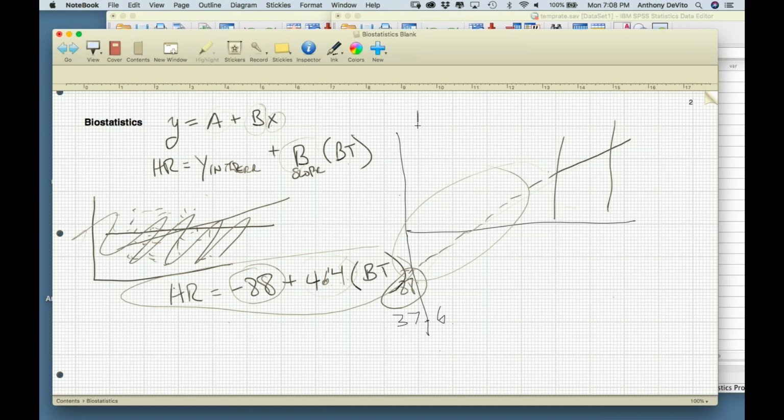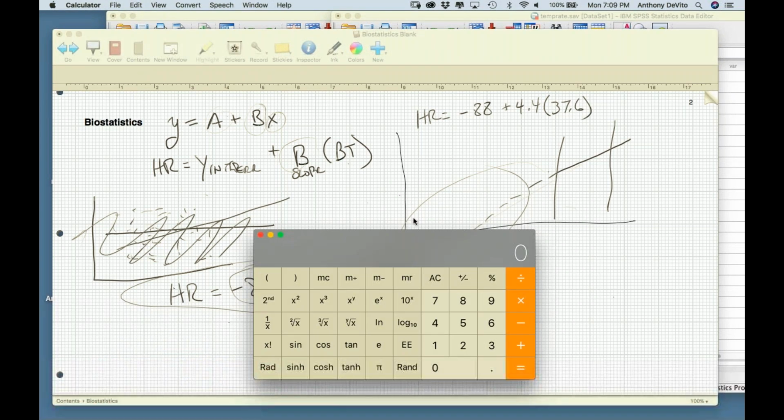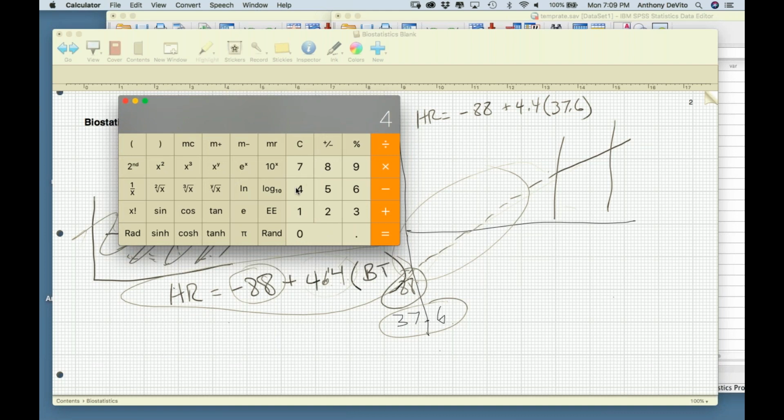All right, so the heart rate, based on this formula, for someone whose body temperature is 37.6, is equal to negative 88 plus 4.4 times this body temperature, 37.6. Let's see what that calculates out to. The y-intercept is where it crosses the y-axis, where x is equal to 0.